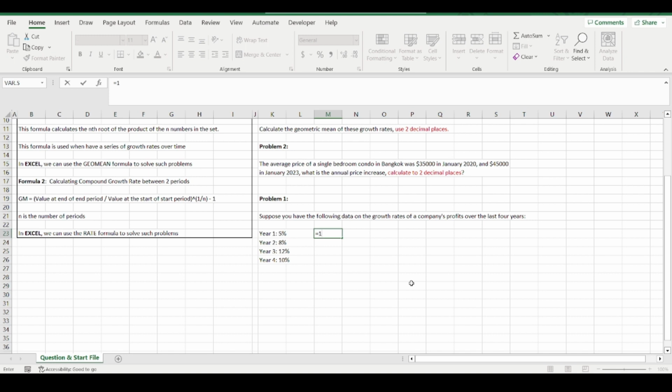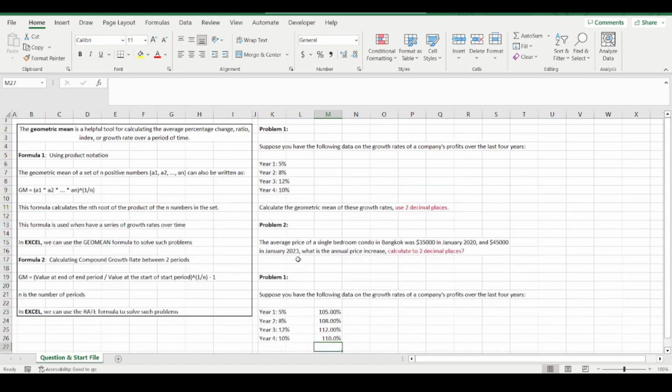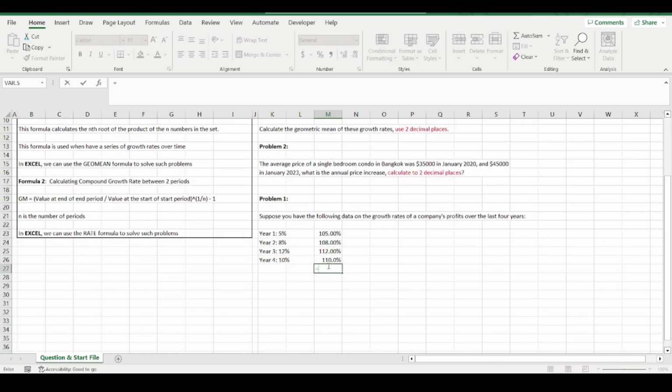So we go 1 plus 5%, 1 plus 8%, 1 plus 12%, 1 plus 10%. So what we've done is added 1 to each of these growth rates. And now we're going to use the GEOMEAN function, and we select the values.